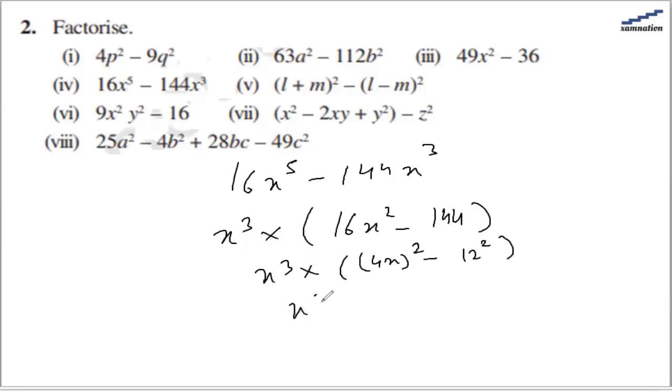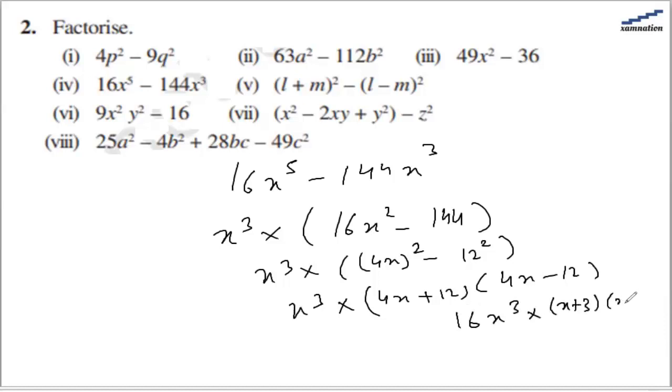That will give us x cubed multiplied by 4x plus 12 and 4x minus 12. We can also keep 4 outside, so that will be 16x cubed multiplied by x plus 3 and x minus 3. So these three terms are the factors of the fourth part.